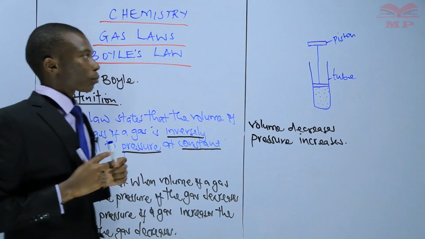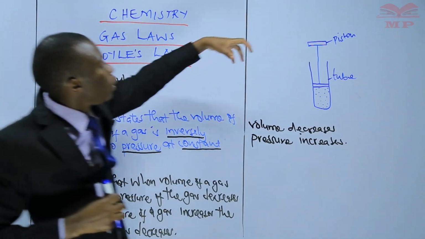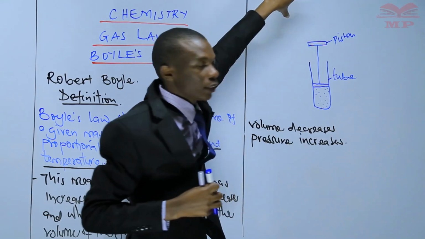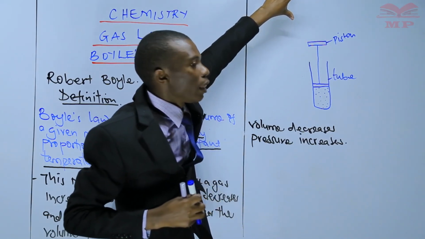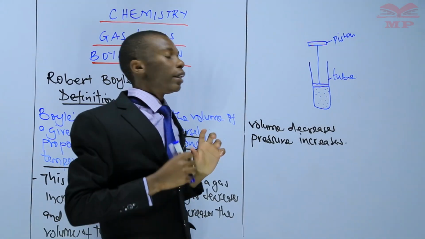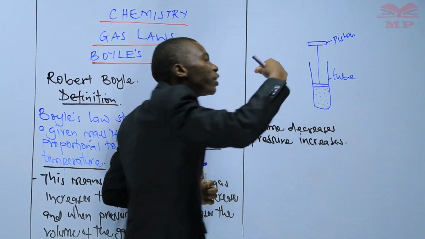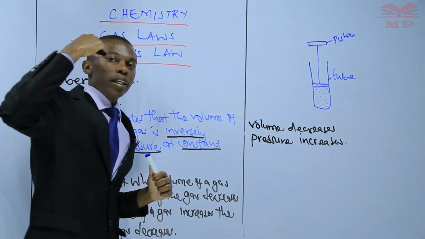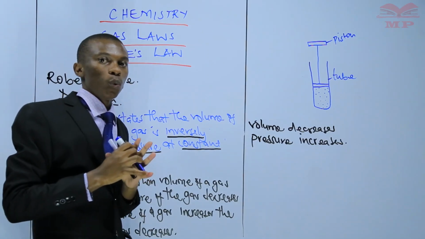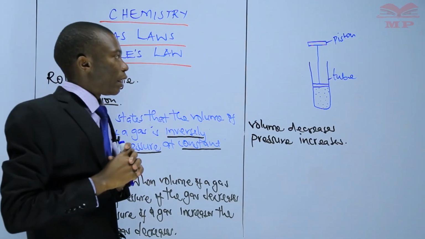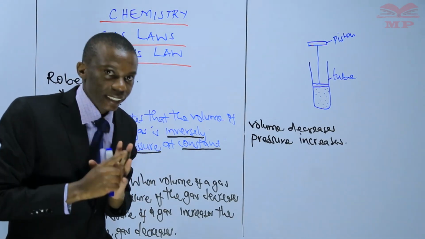At the same time, I want you to imagine if you pull this piston upwards. This means that the volume of air inside the tube will increase, and the pressure will decrease.